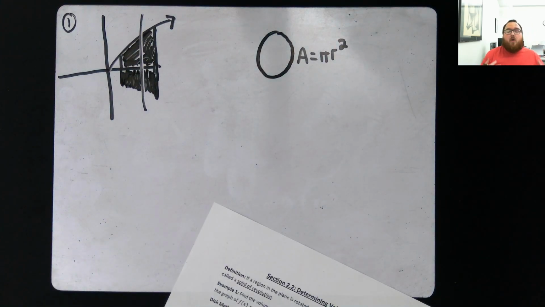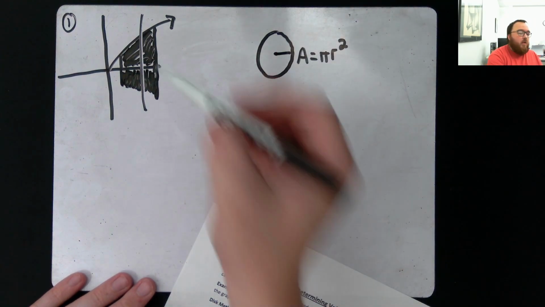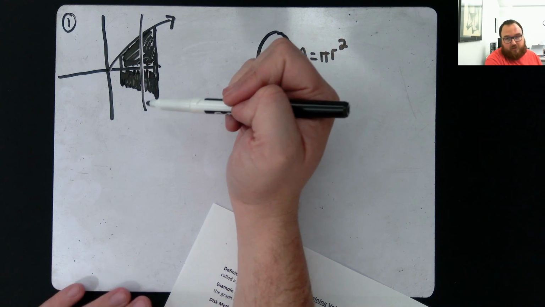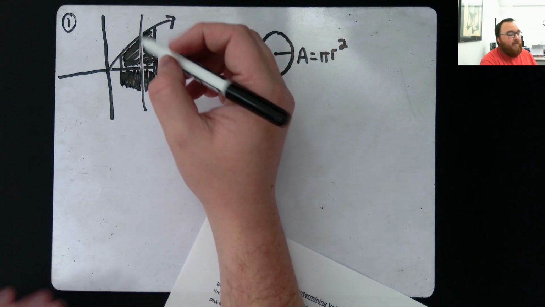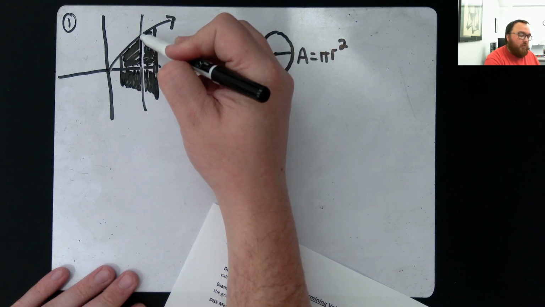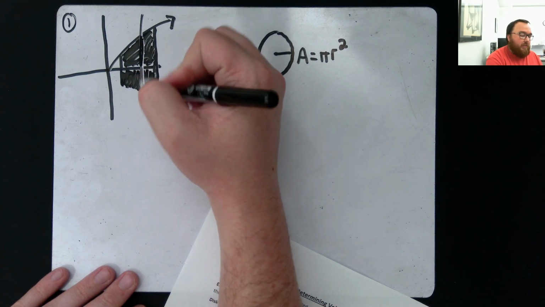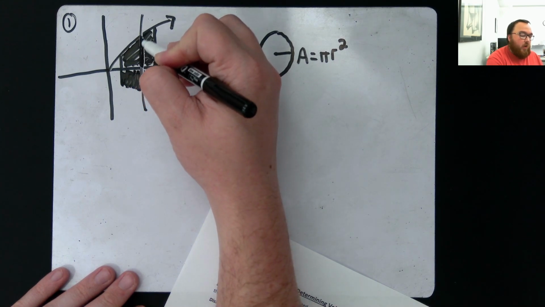But let's think about what r is for this case. Remember, r is half of my length right here, right? So in this case, if I drew this right, which is not very good, r is going to be my height of the graph. Does that kind of make sense? So r, again, is half of this length, which means it's going to be the height of the graph.